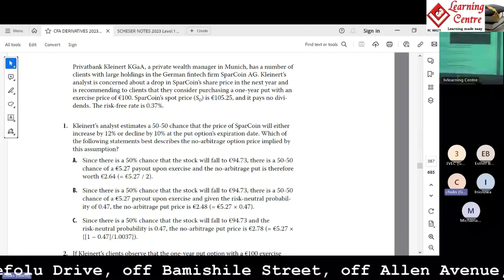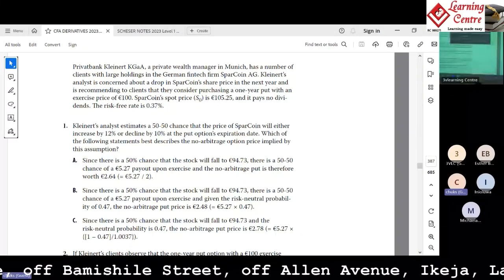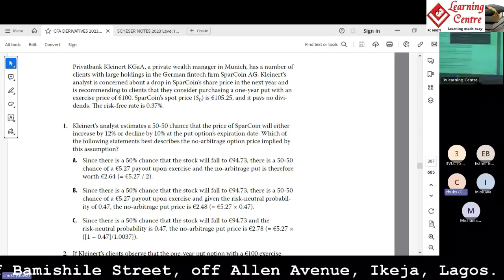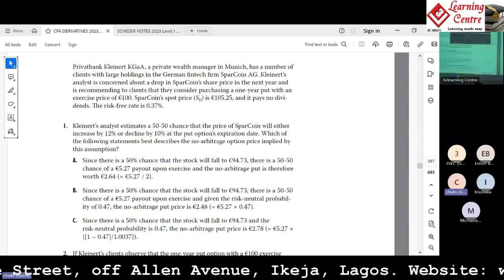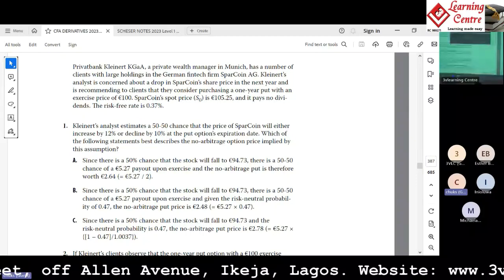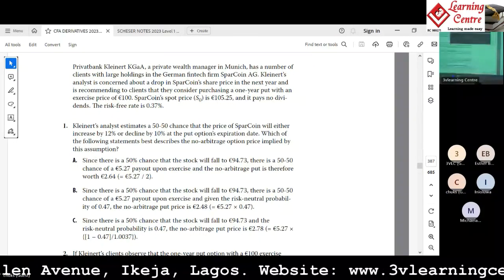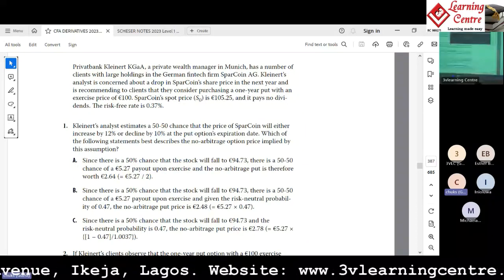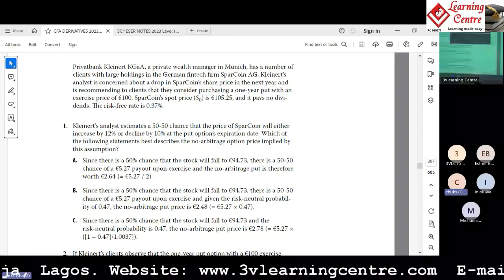But if we want to calculate it, we'll start by, the first thing is there's a 50-50 chance that it will either increase by 12% or decline by 10%. So the first thing you need to ask yourself is, how do you calculate this?